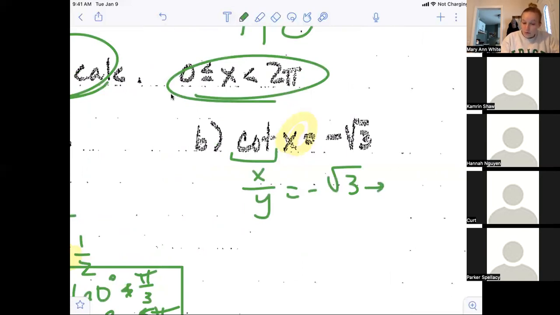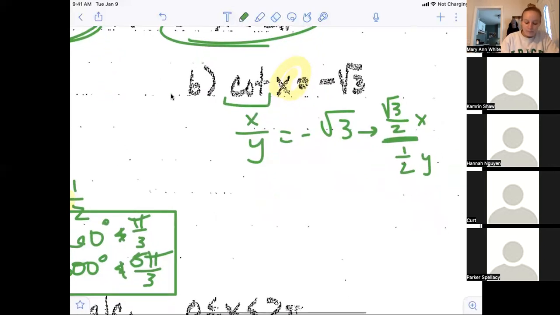In order to get √3 by itself, no denominator, I need my √3 over 2 on top and my 1/2 on bottom, because when I multiply by the reciprocal, the 2's cancel, which leaves me just the √3. So by pattern, by repetition, I know that I'm looking for an angle whose x is √3 over 2 and whose y is 1/2.